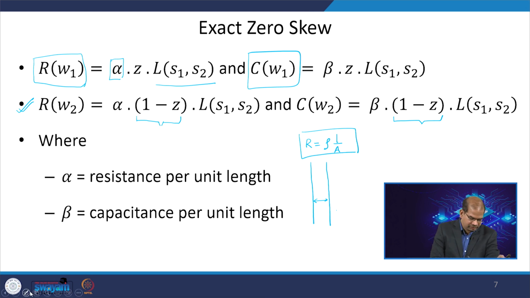Similarly, the same concept can be applicable for capacitance. Your C equals epsilon A by D. Okay.